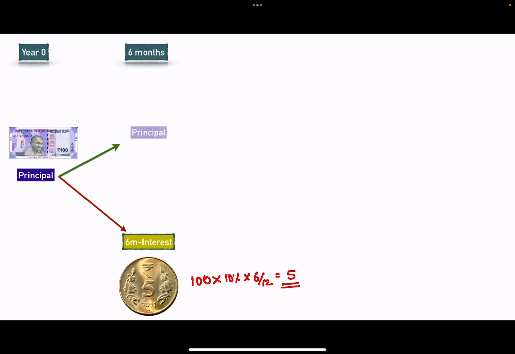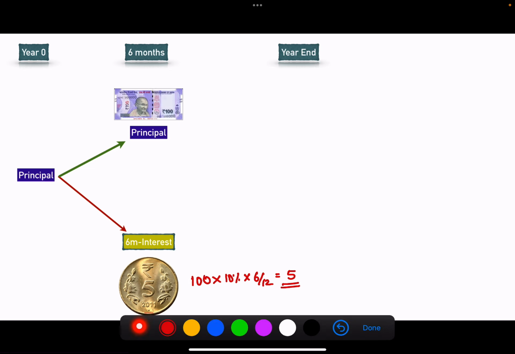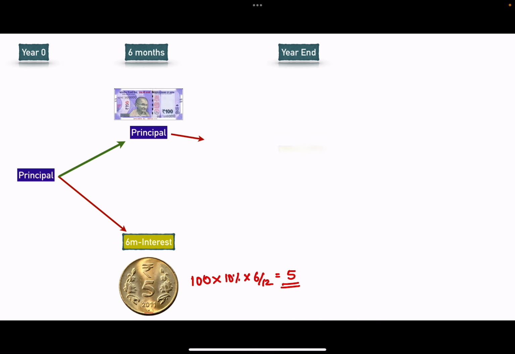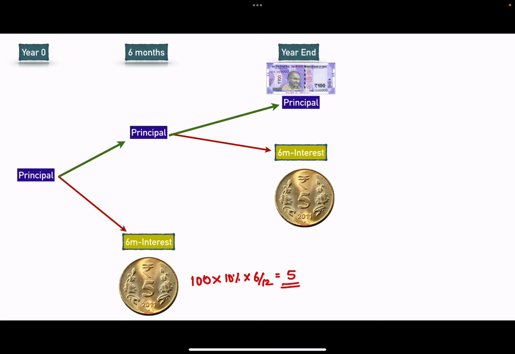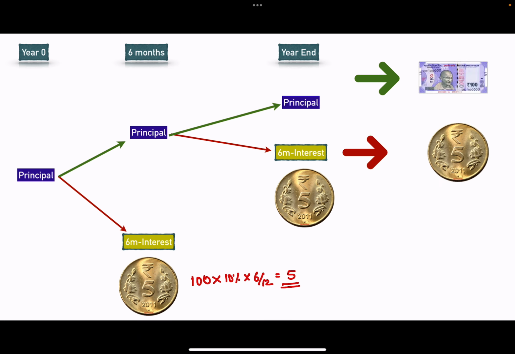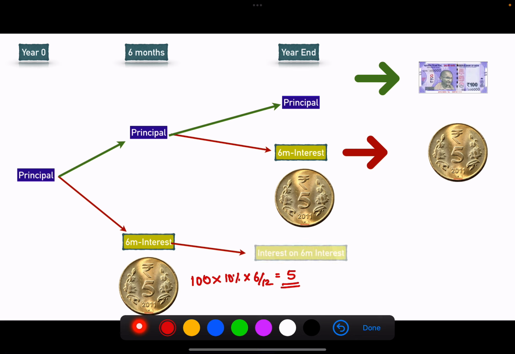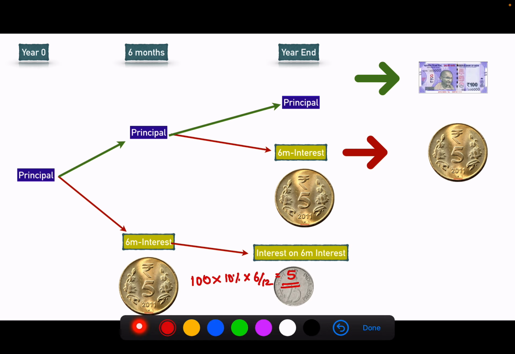The principal remains the same, on which another 5 rupees interest is earned for the second half of the year, which is represented as follows. At the end of the year, you will have 100 rupees principal to repay, along with the 5 rupees interest, and you will have to pay 25 paise as interest on interest.